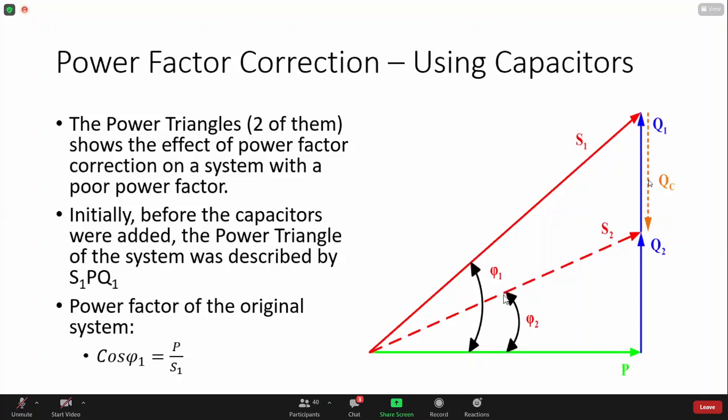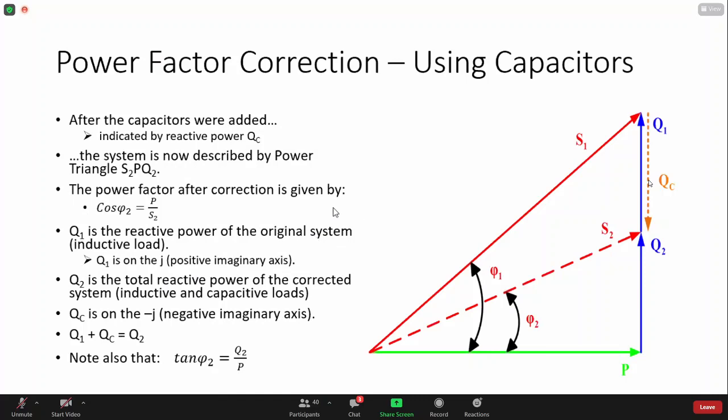All right, and you notice now that this angle is smaller, and the cosine of a smaller angle is actually a larger fraction. Right? So the original system had this power factor P over S1, and then after the power factor correction, the new power factor will be given by P over S2.